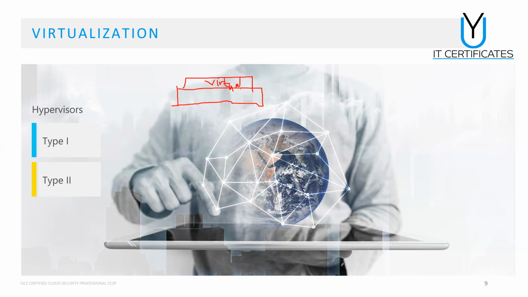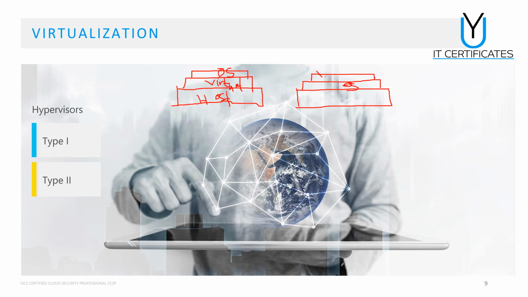Then the operating system comes on top of the virtualization. For type 2, there is a difference. This is the host, and you will have the operating system first, then you will have the virtualization software.